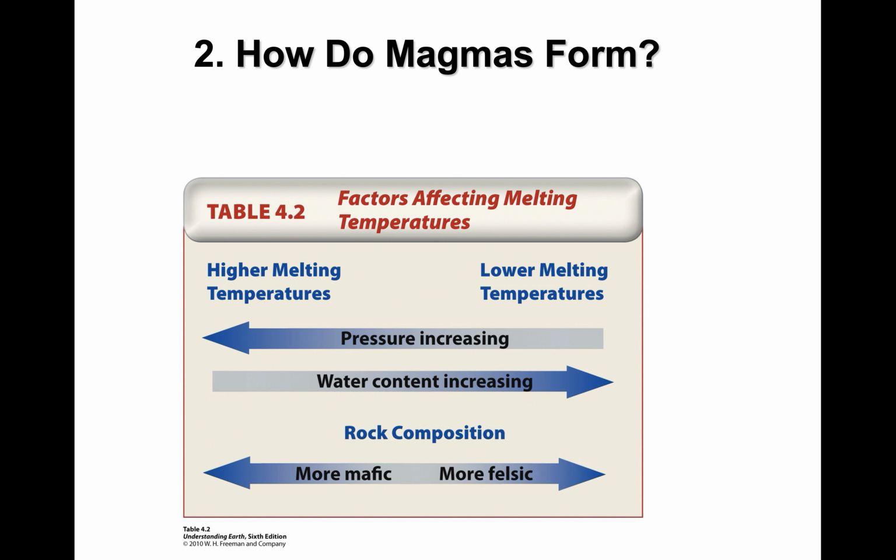As for rock composition, higher melting temperatures can be observed in more mafic rock compositions, whereas lower melting temperatures will be observed in more felsic rock compositions. These are the reasons why a rock melts. So we can make from a solid rock a molten rock, and we can make a solid rock out of a melt.